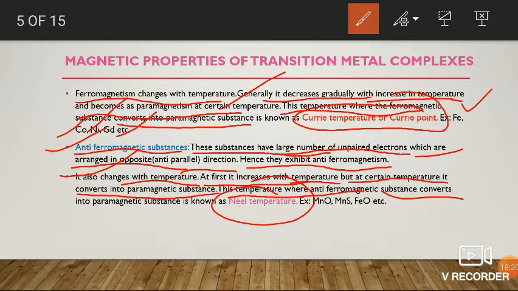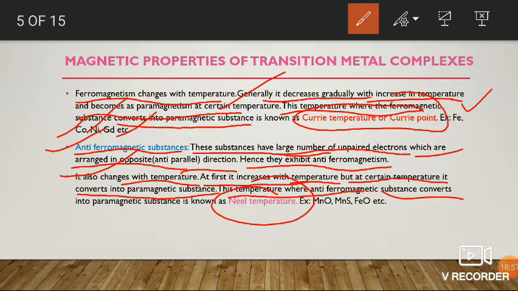So in antiferromagnetic substances, the magnetism gradually increases with temperature, but when the temperature reaches a certain point, the substance converts into a paramagnetic substance.